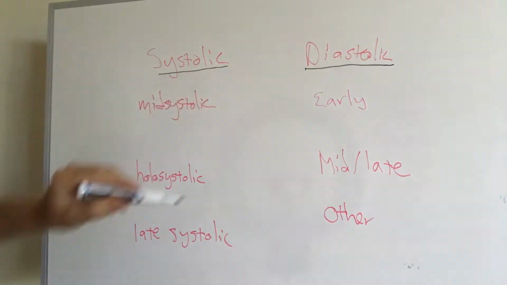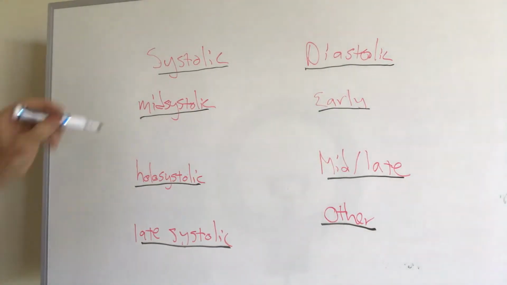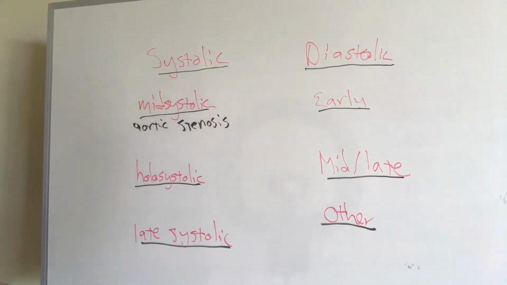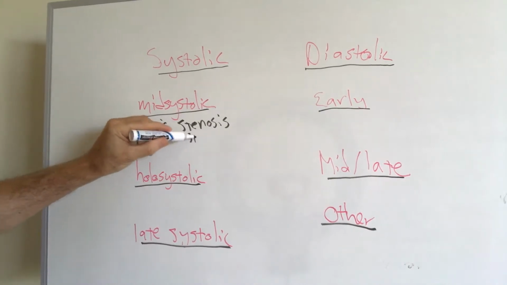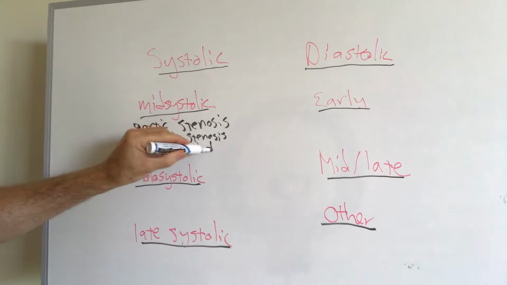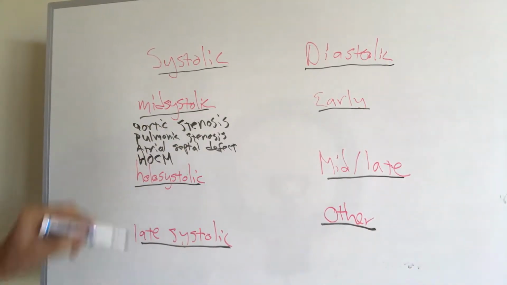Okay, now sort of as a summary and also as another way of breaking down these murmurs further from systolic and diastolic, you can take your systolics and divide them into mid-systolic, holosystolic, and late systolic. The mid-systolic murmurs are aortic stenosis, pulmonic stenosis, atrial septal defect, and HOCM.